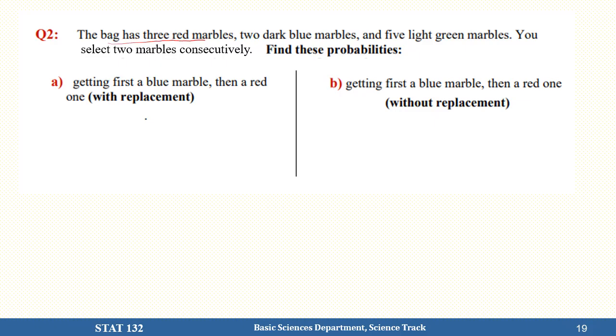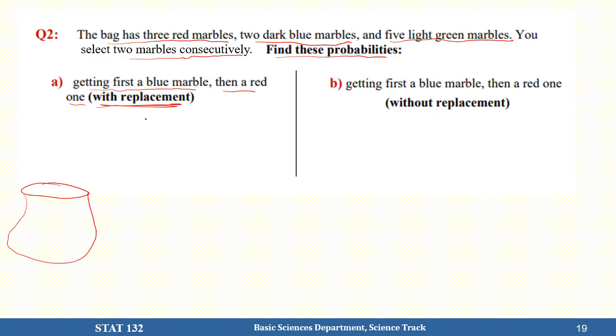The bag has 3 red marbles and 2 dark blue marbles and 5 light green marbles. You select 2 marbles consecutively. Find the following probabilities. Now, look at this one, getting first a blue marble and then a red one, and it says with replacement. So what's happening is this. We have 3 red, then 2 dark blue, and then 5 green, let's say.